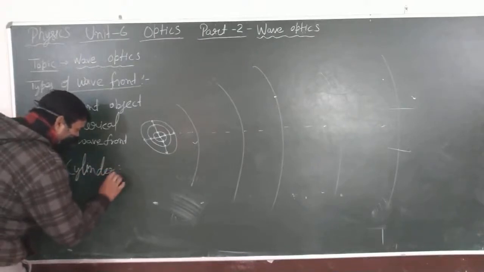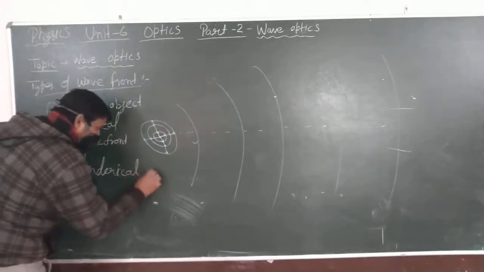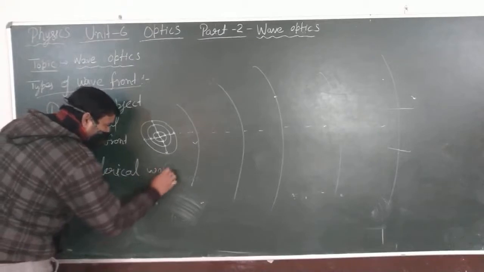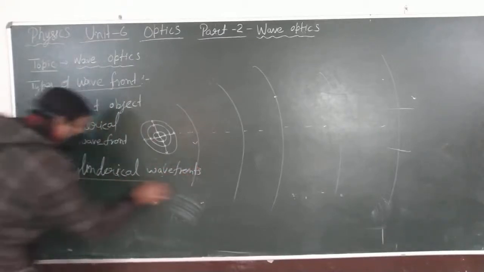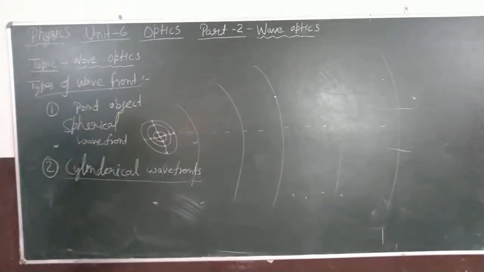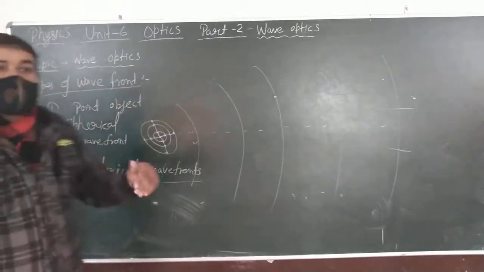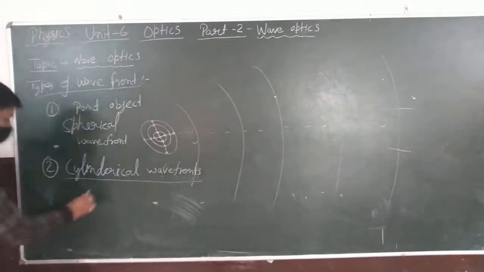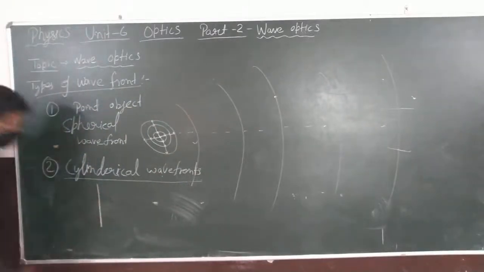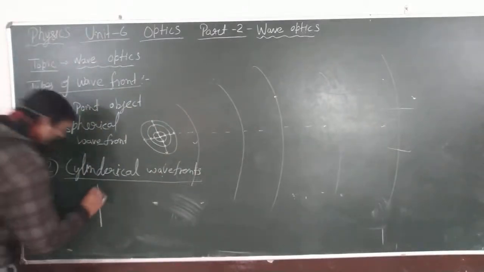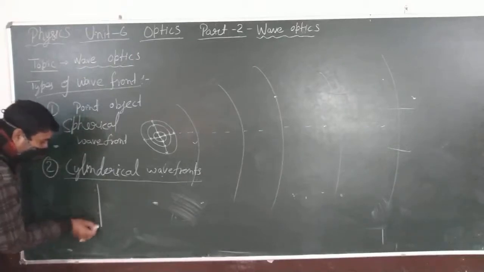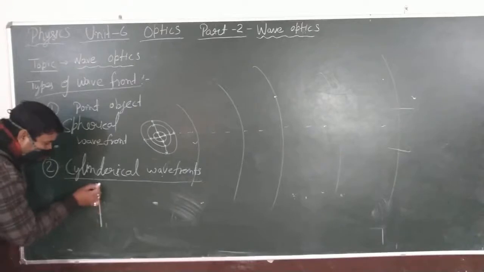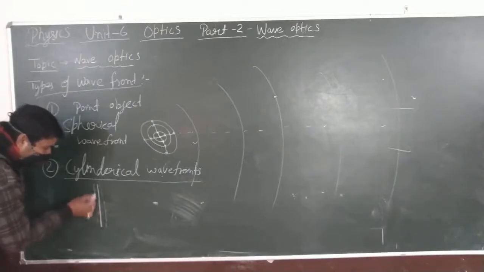Cylindrical wavefronts. Okay, now what are these? If the source of light is linear, then initially the light illuminated by this source is like this.